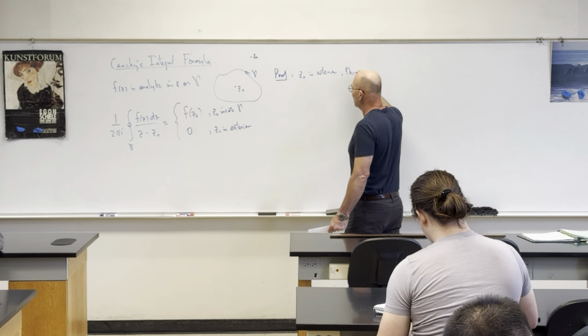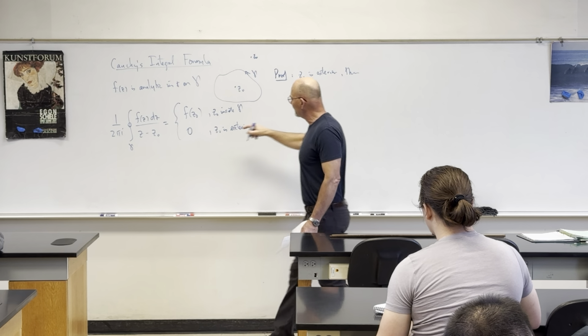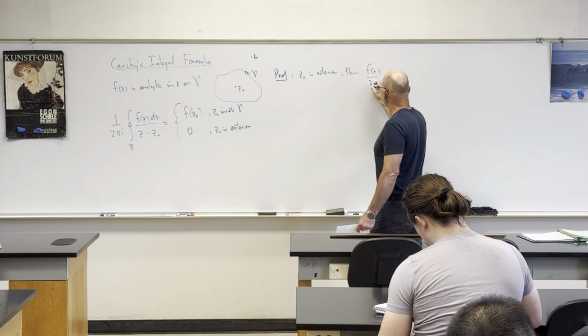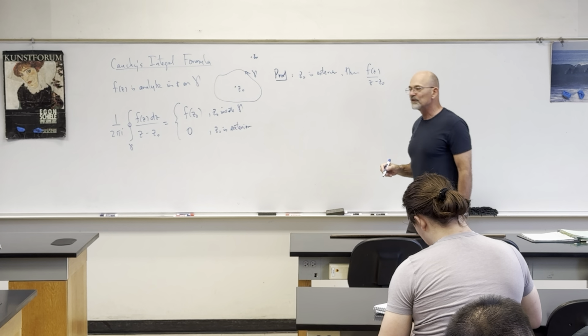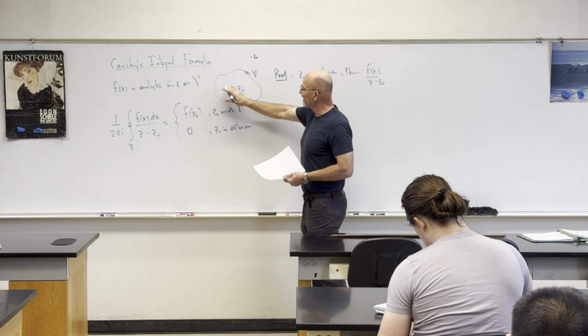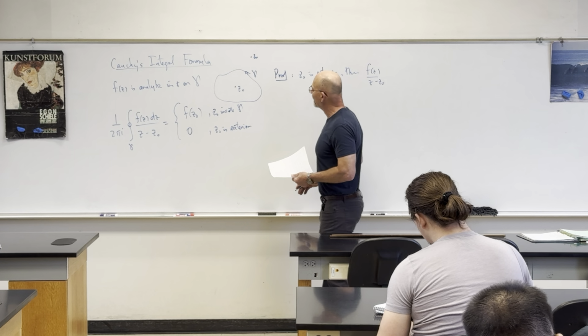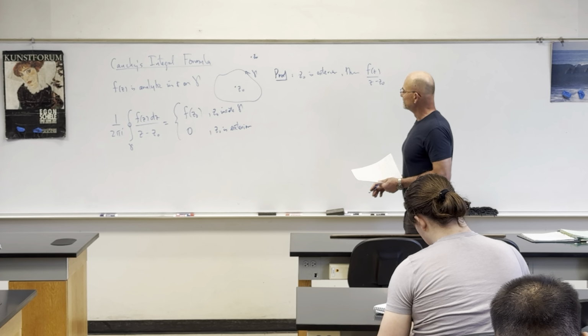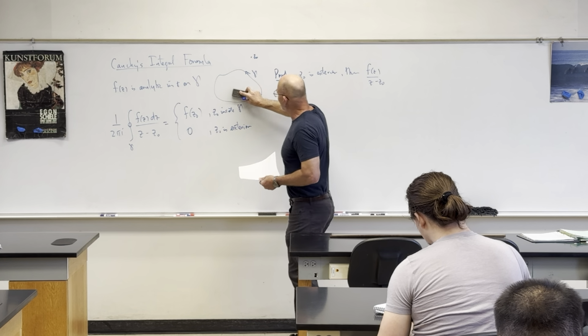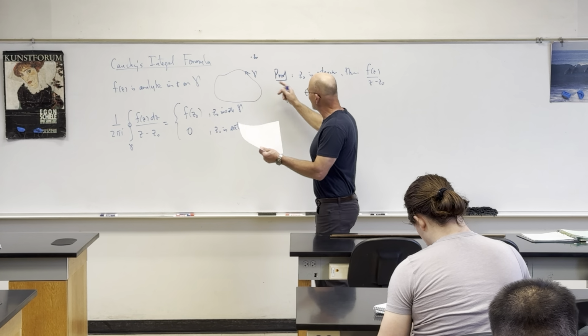Then this entire function, f of z that's analytic, divided by z minus z sub 0 is also analytic. Okay, it's well behaved. You're outside here. That thing's far away. So the one I'm doing right now, we don't have a z0 inside. It's analytic.